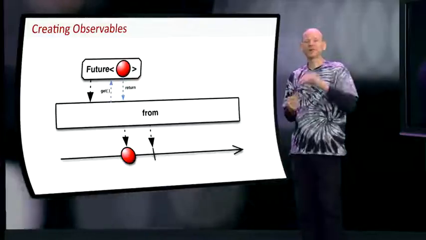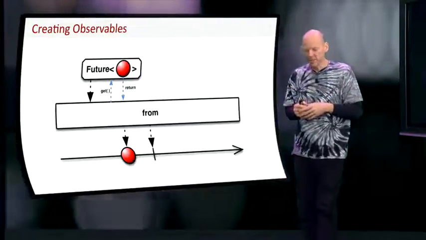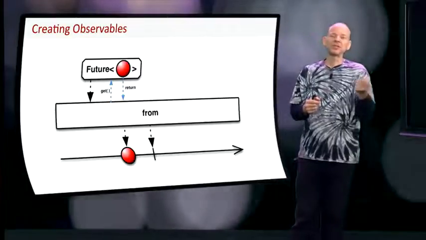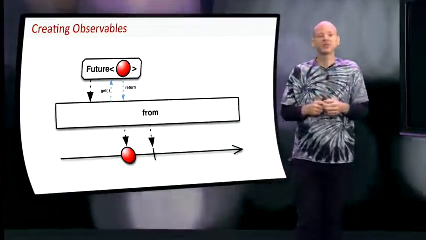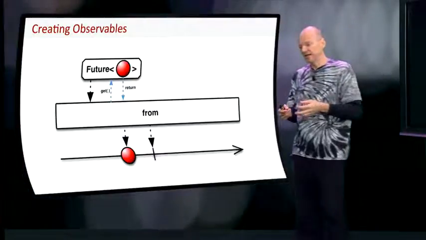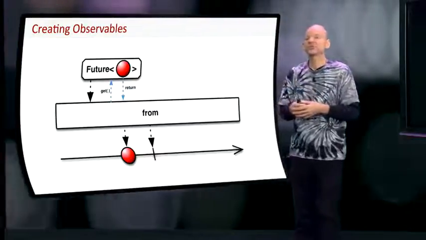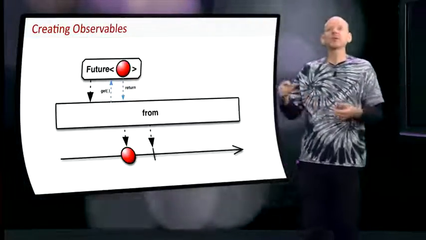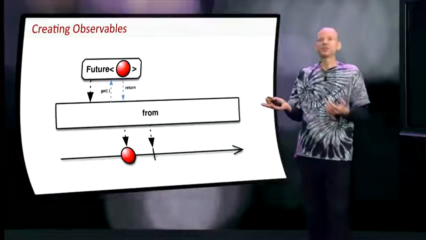All right, let's look at this example here. In the earthquakes example, we used this constructor, the Observable.from, that took a future when we were doing the reverse geocoding. The reverse geocoding returned a future, and we wanted to turn that into an observable.